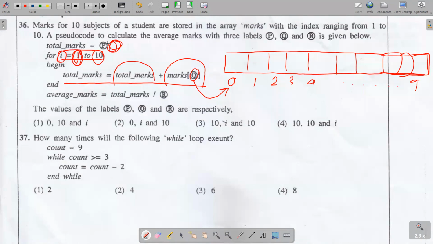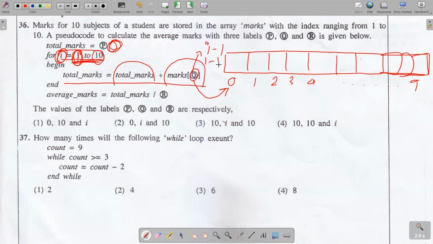So from that, the I is the one which is going to change 10 times. But here it is changing from 1 to 10. So when it comes to this position, you better say I minus 1, because 1 minus 1 should happen first.